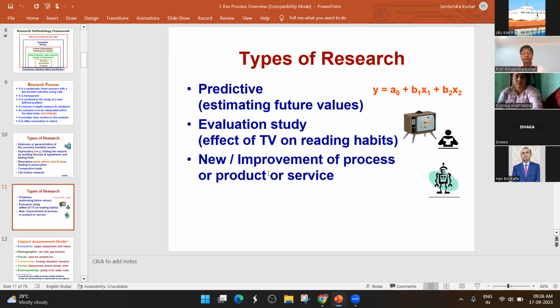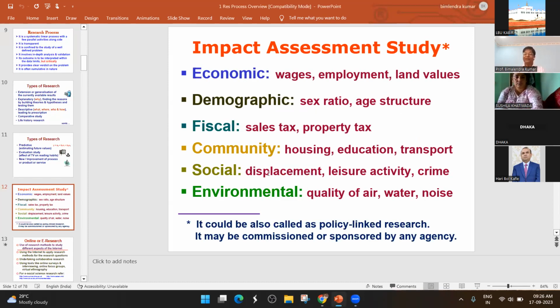Now we are going to discuss impact assessment studies, and these researches are sponsored by government agencies like UNO, the United Nations Organization, or branches of UNO like UNESCO, or even the Government of India.